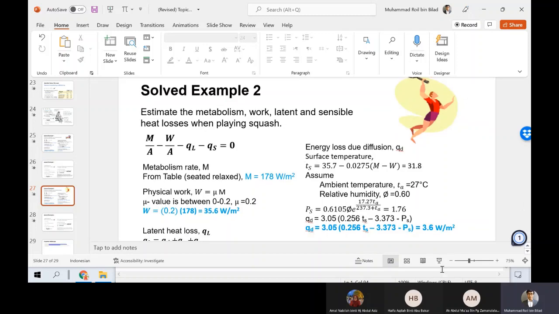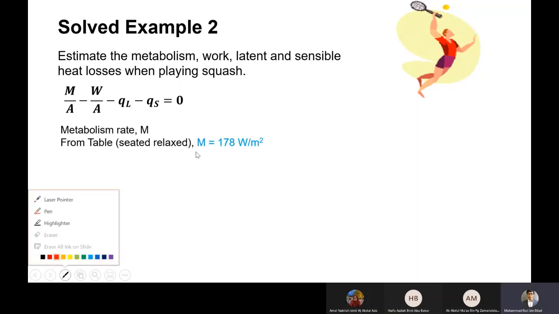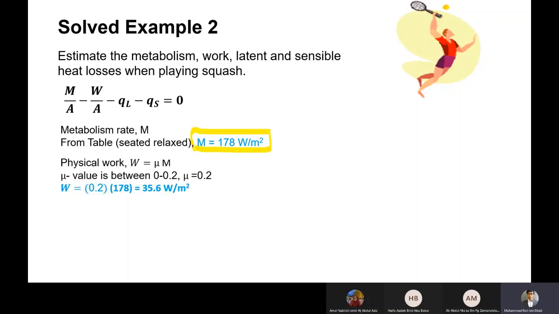So what is the difference here? First, the metabolism rate is different. This is a heavy duty sport, so we use a different value to start with. Number two is that the physical work also changes.